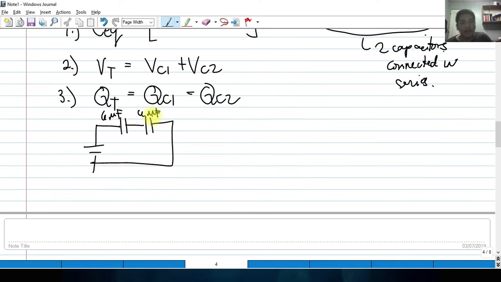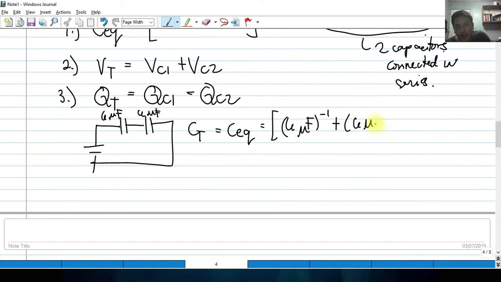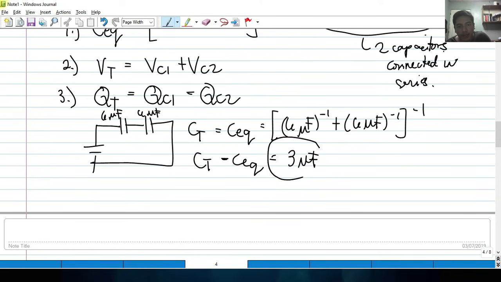If we wish to get the total capacitance, or the C equivalent, that should be what? 6 microfarads raised to negative 1 plus 6 microfarads raised to negative 1, and they are raised to negative 1. Simply, we could get a C equivalent of 3 microfarads. And the total capacitance now is less than any of the individual capacitances.